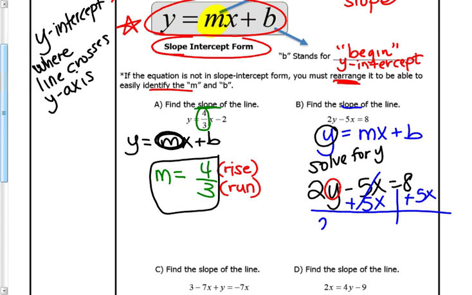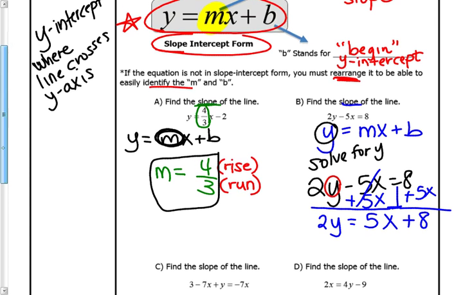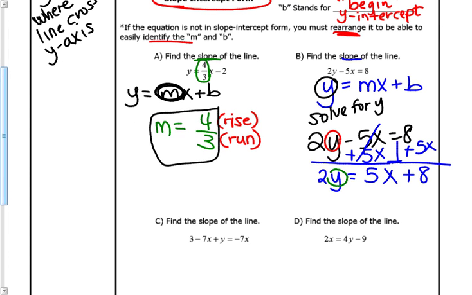So that would give me 2y equals, and if we want it in mx plus b, we want the term with the x to be written first. So 5x plus 8. Y is still not alone. So what I need to do is divide by 2. You remember that? Divide everything by 2.